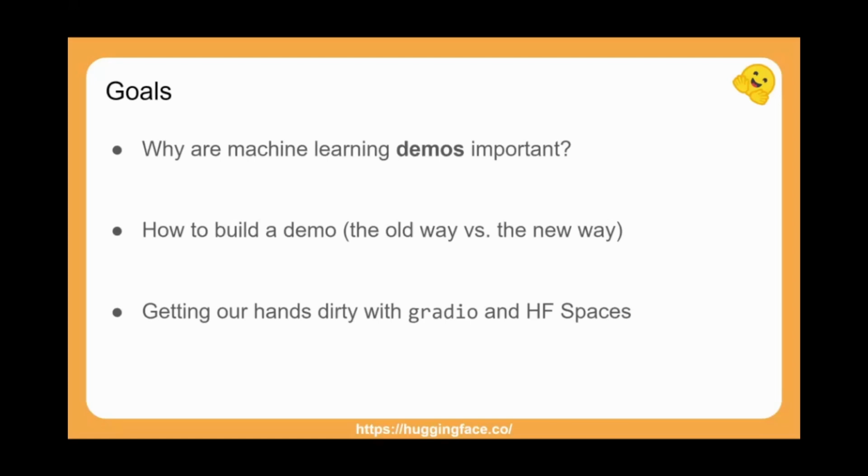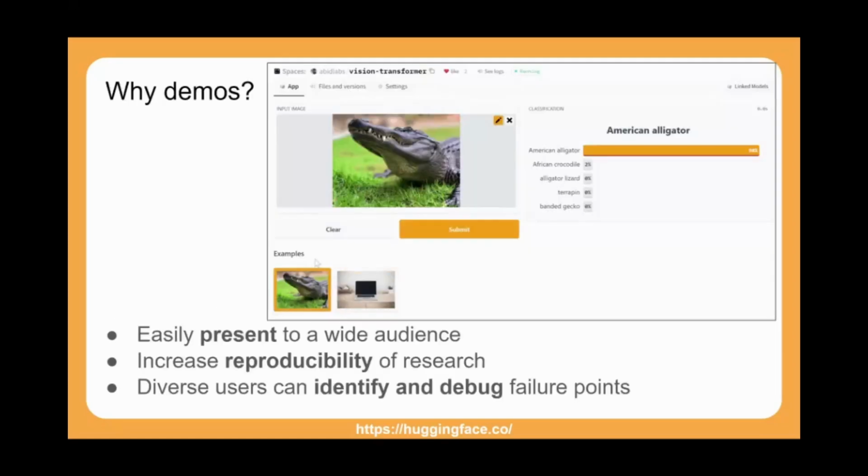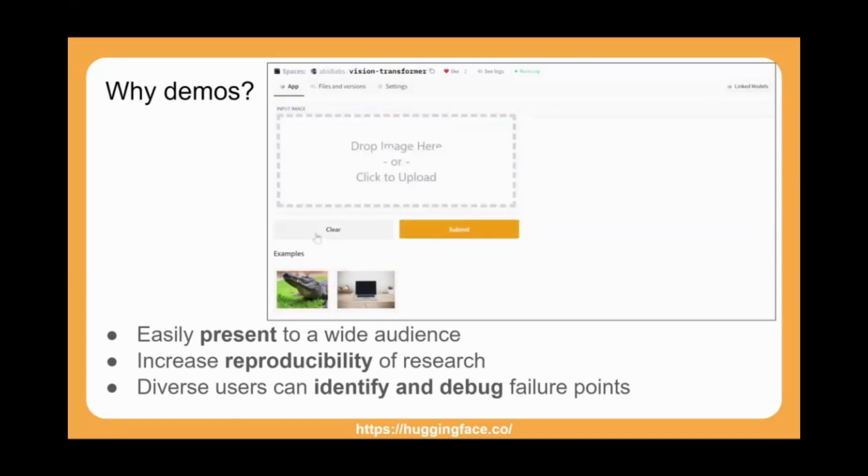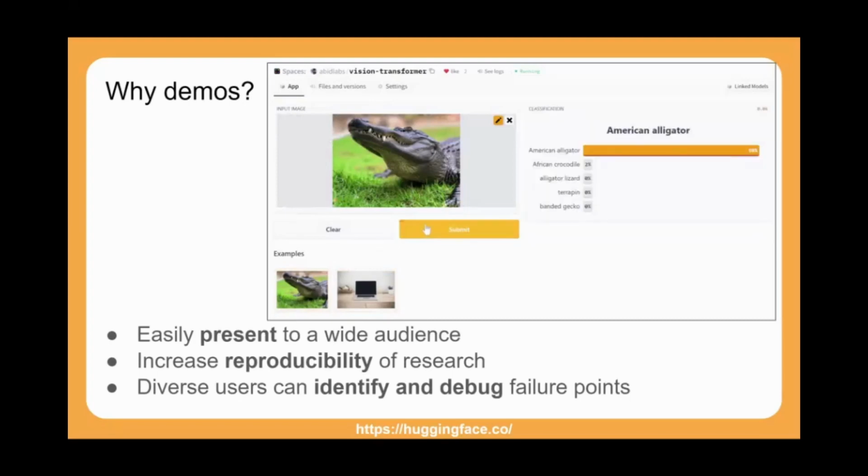But anyways, first of all, why are machine learning demos so important? The way we think about it is there are three big reasons why you should build machine learning demos. First of all, it's the obvious one. You get to present your work to a wide audience, right?